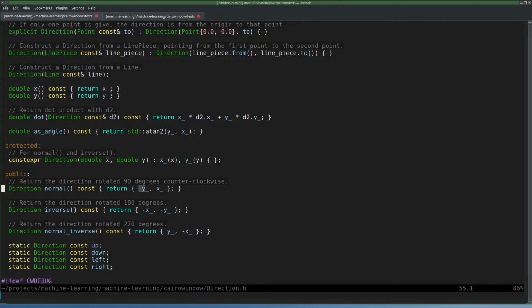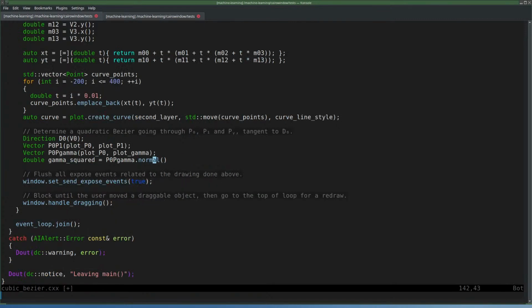This is correct. So swap them and then change that. Okay, let's rename it from P1 to P0. So that's also kind of a weird definition, I must say.